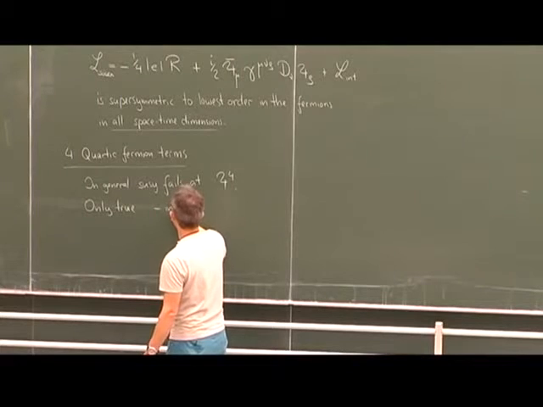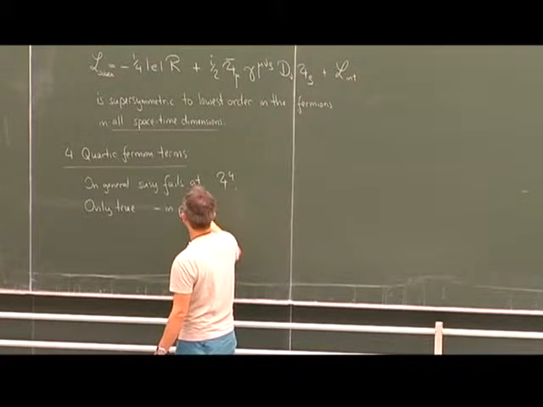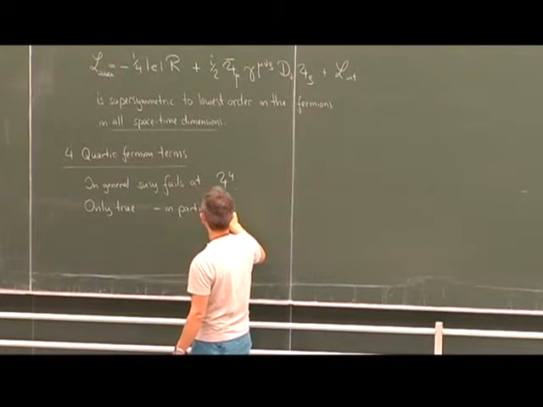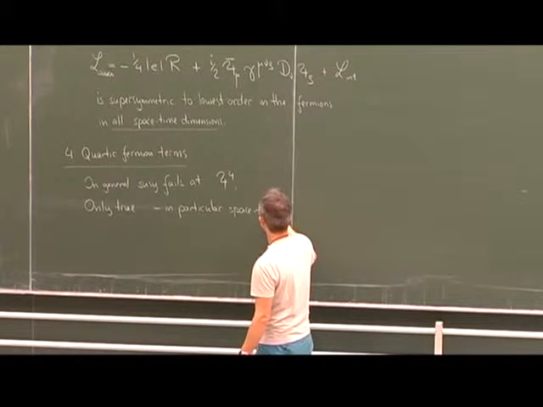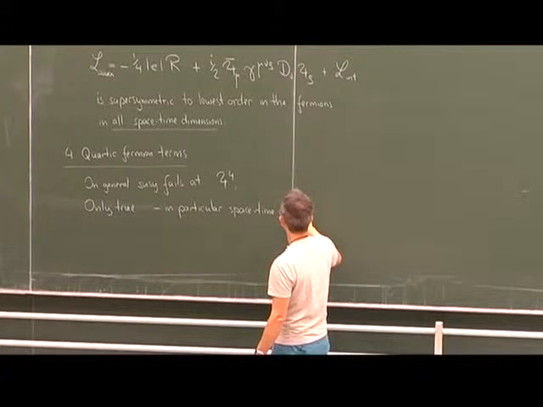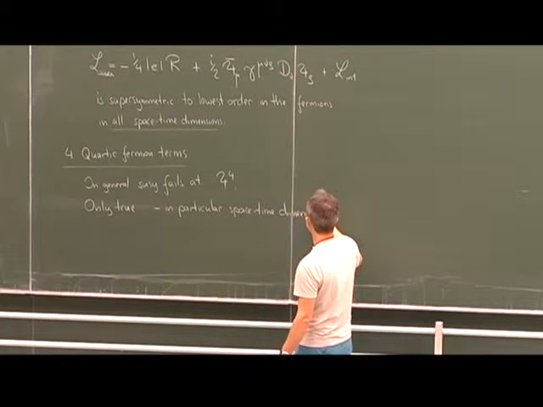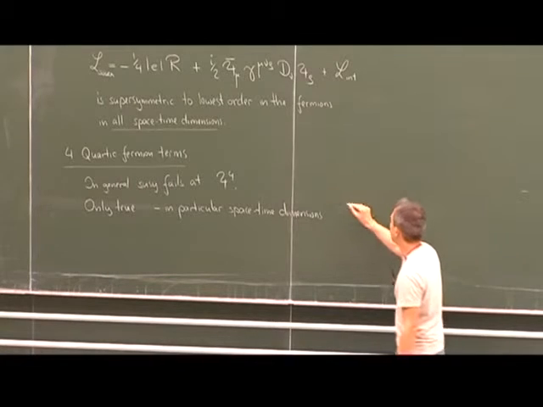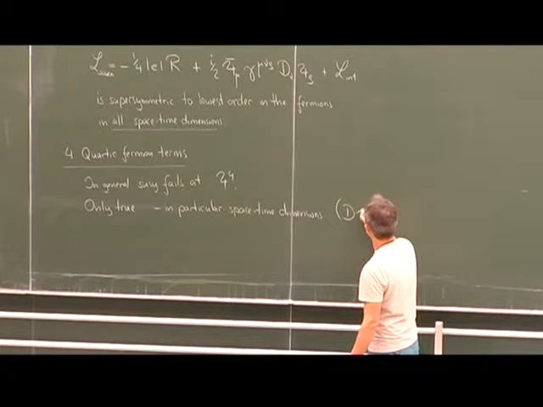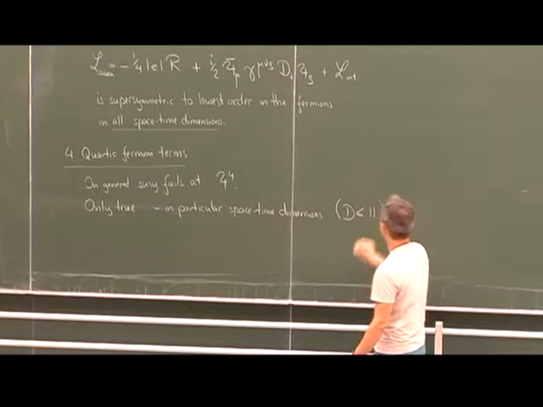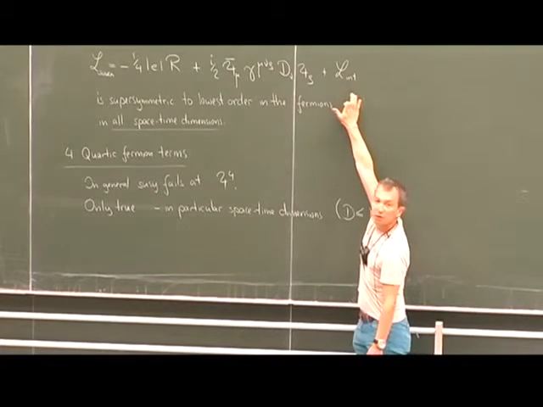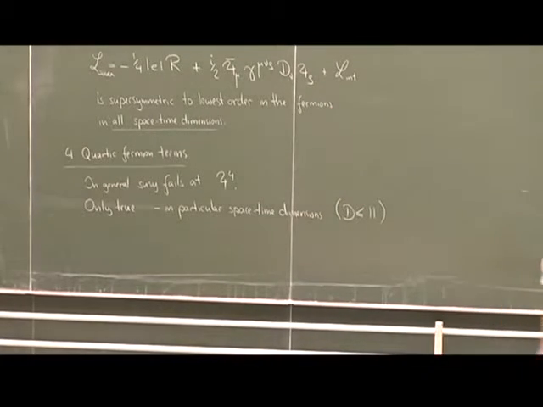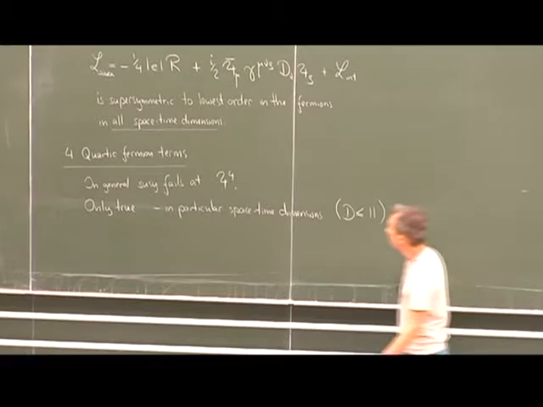first of all, in very particular space-time dimensions. You probably have heard, in fact, an upper limit on the possible dimension of space-time is 11. So beyond 11 dimensions, there's no possible completion of this Lagrangian into a supersymmetric theory.